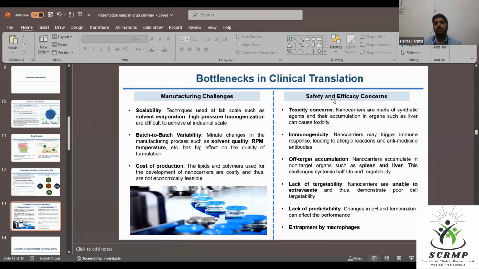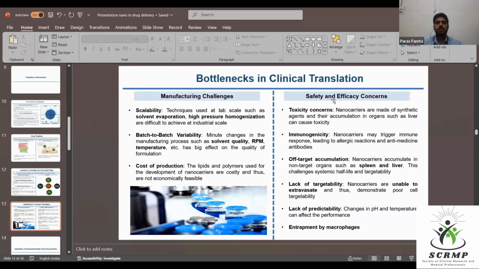variability. Why? Because nanoparticles are very sensitive to minute changes in the manufacturing process. Like if the solvent quality changes, or it varies from batch to batch. If we don't take the solvent from the same manufacturer, the minute change in the solvent quality will change the target profile, means the profile of the nanocarriers will be changed by minute changes.